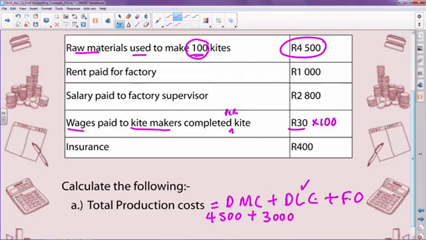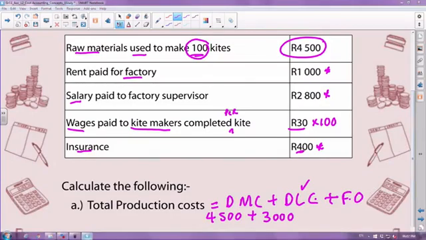Right, now let's look at our factory overhead. So this is obviously all the other indirect costs relating to the manufacturing process. So the rent paid for the factory, so that's an indirect cost, so the 1,000 Rand. The salary that is paid to the factory supervisor, 2,800 Rand, and the insurance for the factory, the 400 Rand, is also an indirect cost.